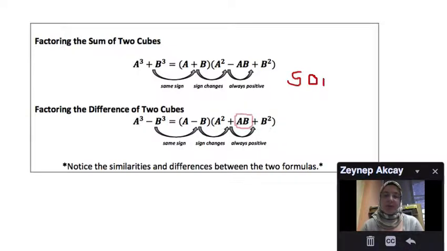So if you remember the word SOAP and look at the letters, the first letter is S, which should remind us that the first sign in the formula should be the same sign. So when we look at the formula for the sum of two cubes, the first sign should be the same, which is a plus.